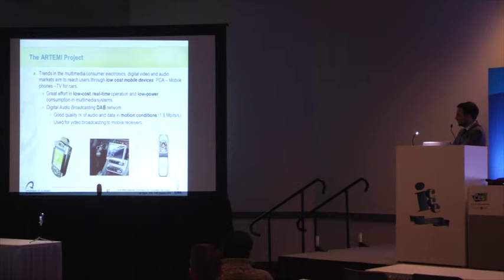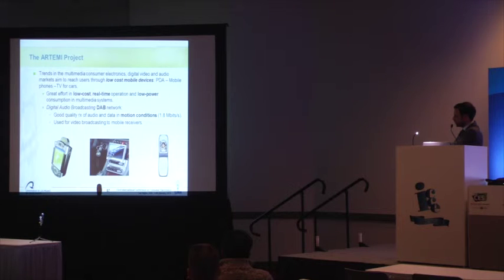And the scope that we followed was based on a digital audio broadcasting network. This implies that we are in motion conditions, so we need good quality using rates of 1.8 megabits per second, and we wanted to use this in mobile receivers.